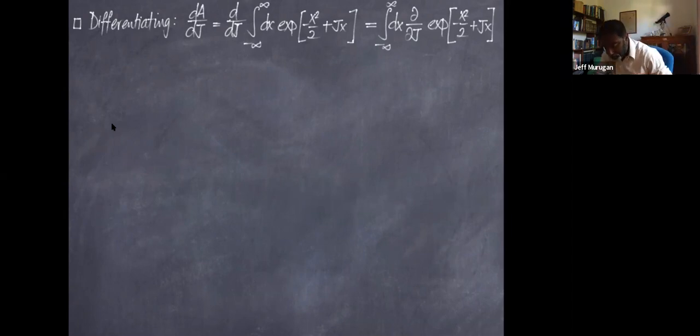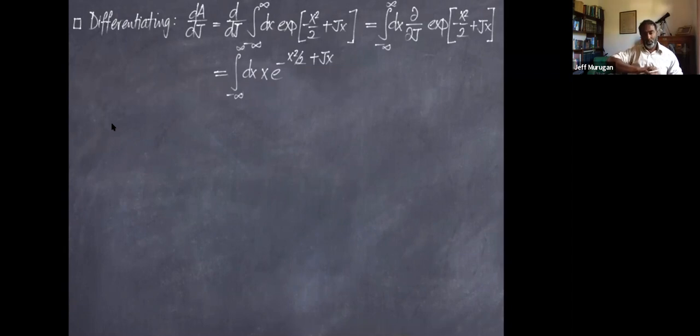So this thing is just the integral from minus infinity to infinity of x e to the minus x squared over 2 plus jx.